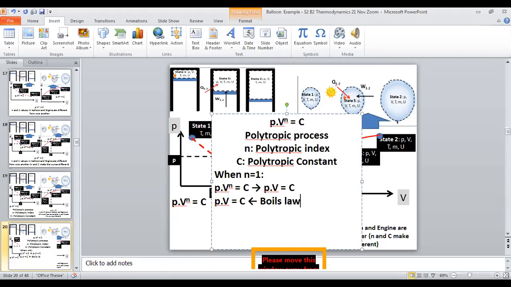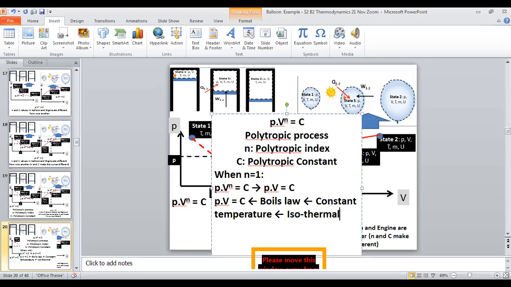Boyle's law is a constant temperature process. Since you are at university, the best word for that is isothermal. Iso means constant, thermal means temperature: an isothermal process.